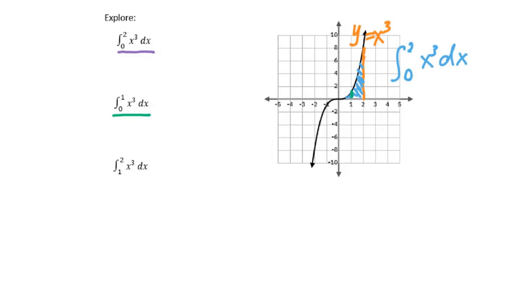Let me use this color, red one, to show. This part means the integral from 0 to 1 x third power dx. For this, the integral from 1 to 2 x third power dx, it will be here.